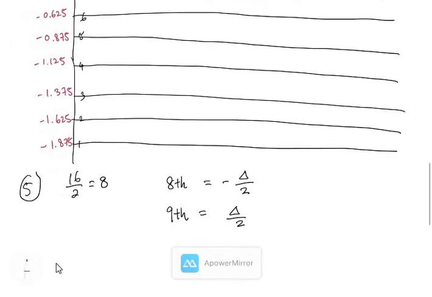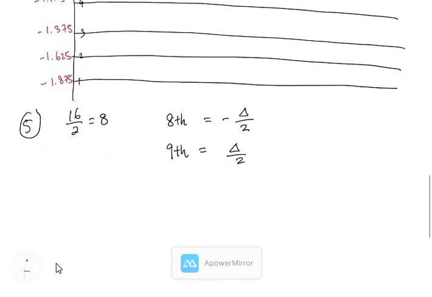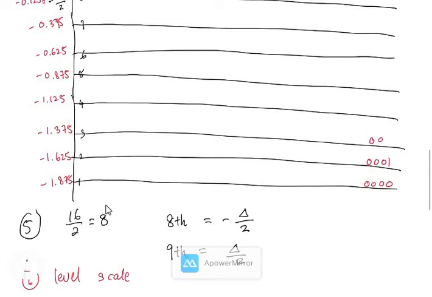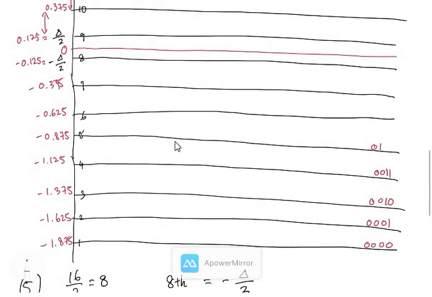Also, you can label the code words. Step number 6, you label the scale. You have done this one. And then step number 7, you label the code word. What does this mean? You see, just now it says 4-bit, right? So it's 0000, then 0001, up to 1111. So you have 0010, 0011, 0100, 0101, 0110, and then 0111.